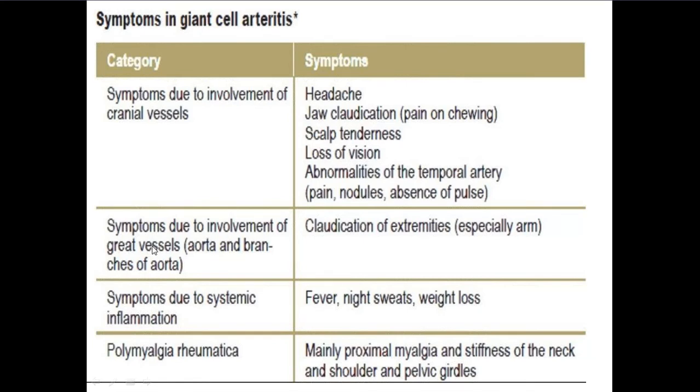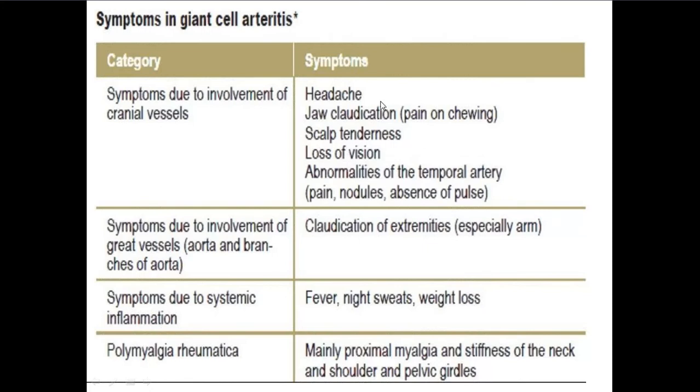Due to the involvement of great vessels, that is the aorta and its branches, there is claudication of the extremities, especially the arm. Due to systemic inflammation, there is fever, night sweats, and polymyalgia rheumatica, mainly proximal myalgia and stiffness of the neck, shoulder, and pelvic girdles.